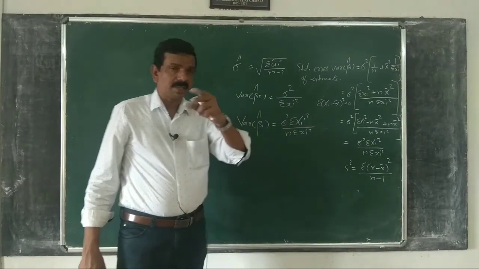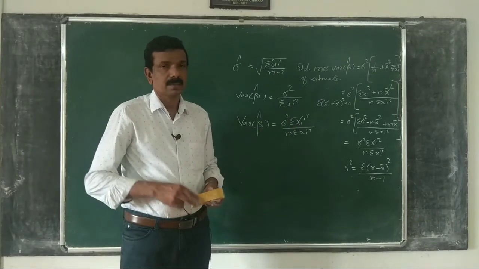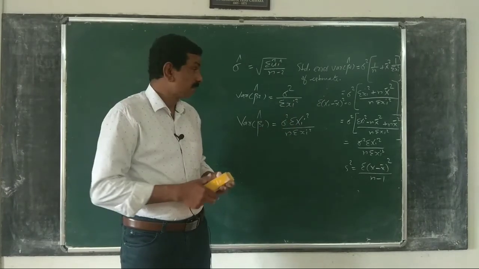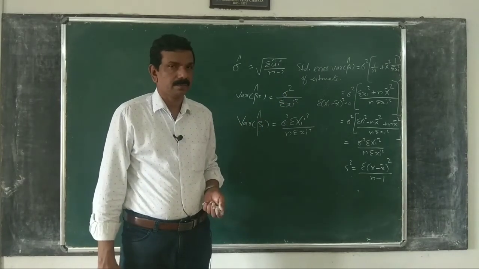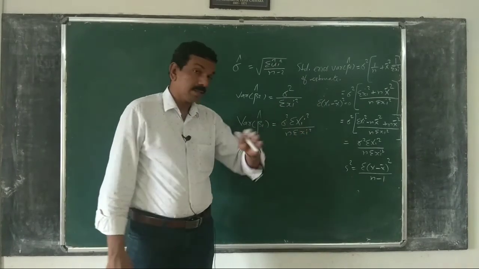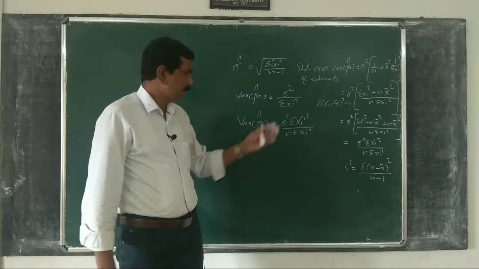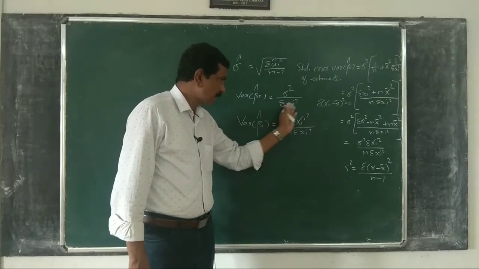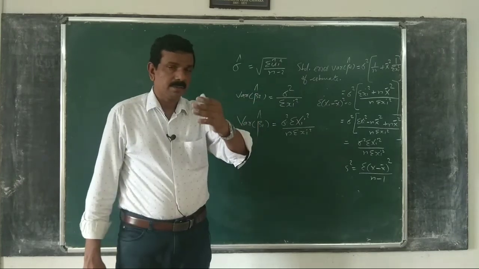So if you have a sample with low variability in x, then the variance of the estimator will be very high, and the precision of the estimator will be low. On the other hand, if you have a sample with very high variability in x, then this quantity will be high and the variance of beta 2 hat will be low.